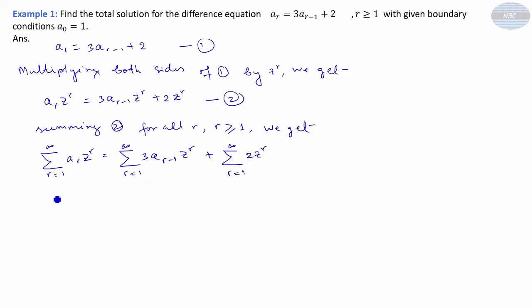Now it can be written with the constants outside the summation: 3 times the summation from r equal to 1 to infinity of ar minus 1 z to the power r, plus 2 times the summation from r equal to 1 to infinity of z to the power r.